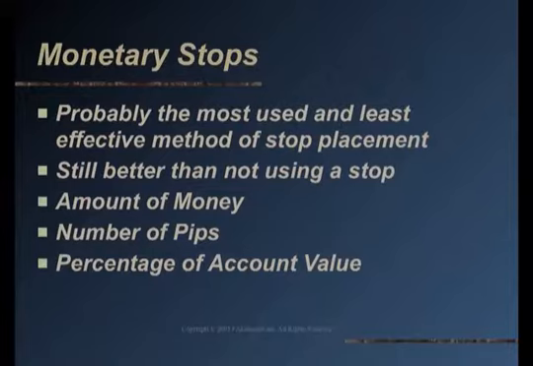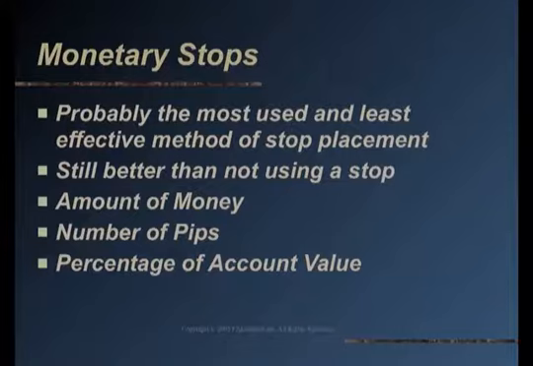A monetary stop is based on either a particular amount of money. Most commonly, it's based on a particular number of pips. And it can also be based on the percentage of account value. Now, referring back to the risk management section, we do have something called the maximum loss rule, where we limit our maximum loss to a percentage of the account value.